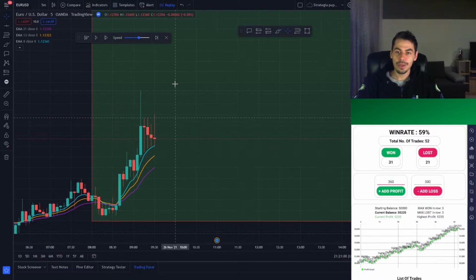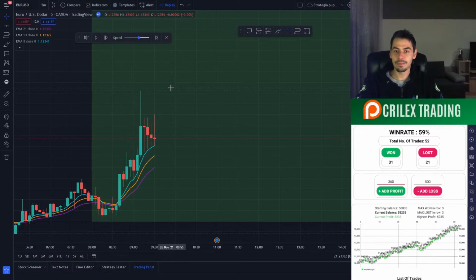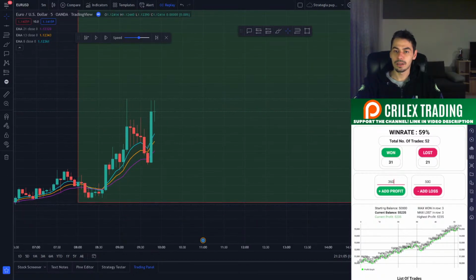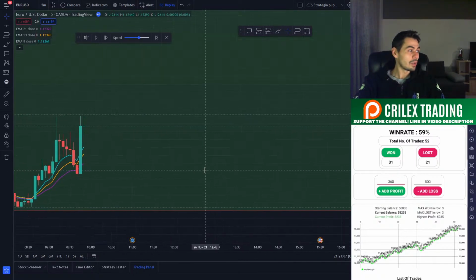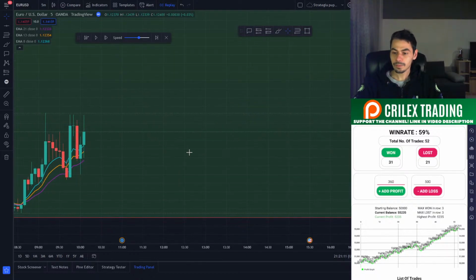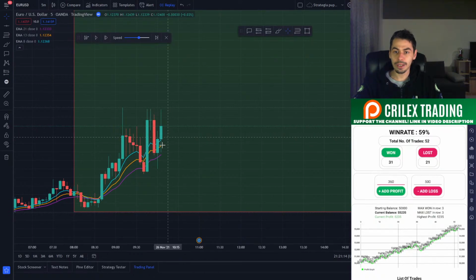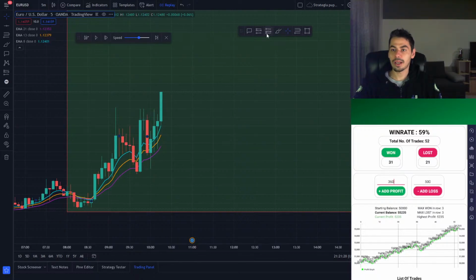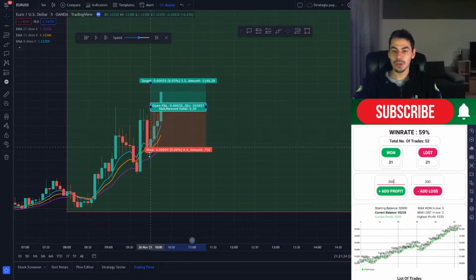We have another entry above this wick right here, which gets invalidated by this candle closing just below the 21 EMA. And we have another entry going. Again, if this high breaks, we will be in a buy position. And right now we are in a buy position. The stop loss, let's hope it's not too big. No, it's okay, it's manageable.